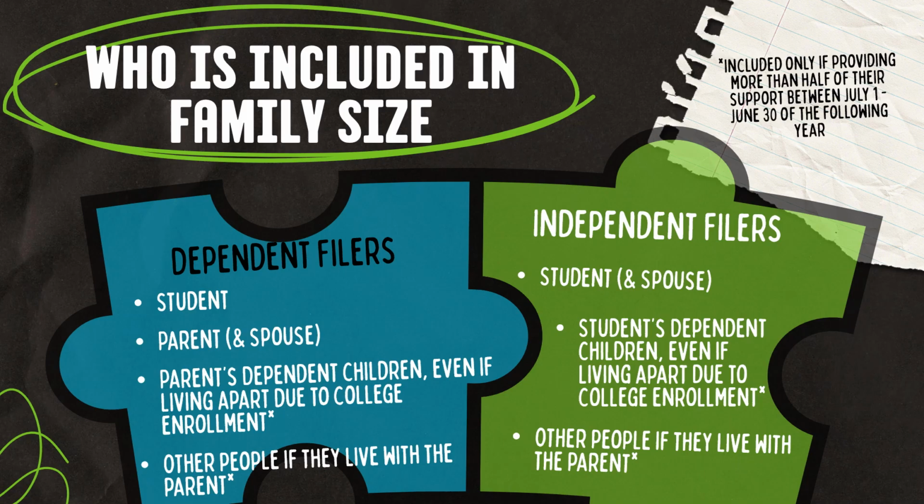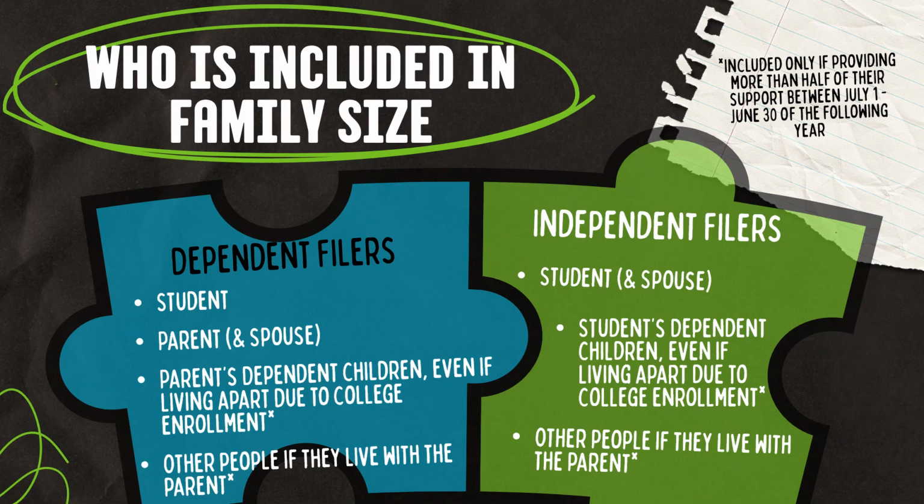Who is included in the family size, you may ask? We also know that family living conditions can be unique, and here's how the family size is determined. For dependent filers in the blue puzzle piece, you'd have the student, the parent and spouse, parents' dependent children, even if they're living apart due to college enrollment, and then other people if they live with a parent.